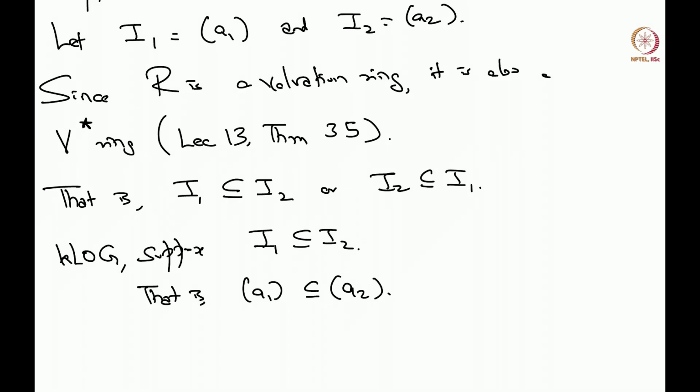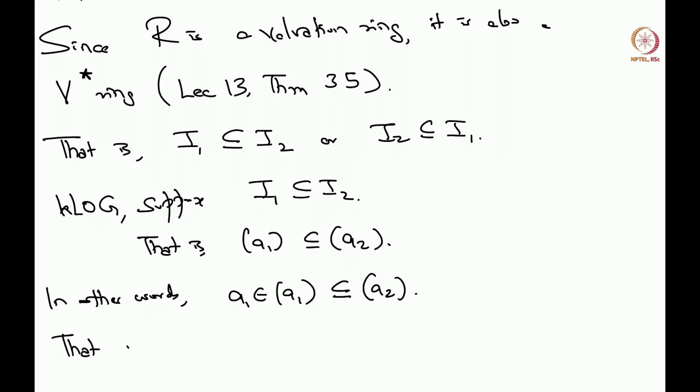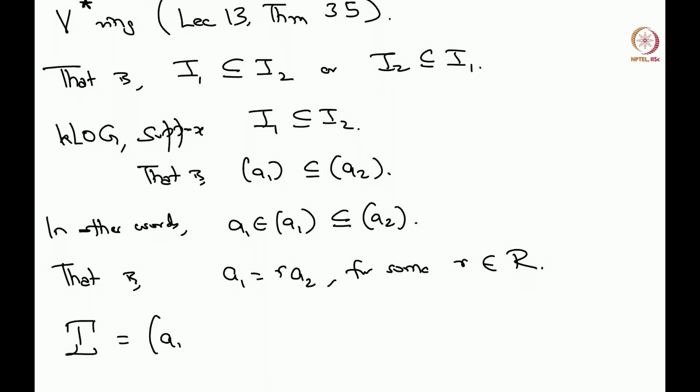Okay, and in other words, the element A1, which belongs to the ideal generated by A1, actually belongs to the ideal generated by A2 as well. And so you can write A1 as some r times A2 for some element little r in the ring R. And now again, our ideal I was generated by A1, A2, A3, so on up to AN.